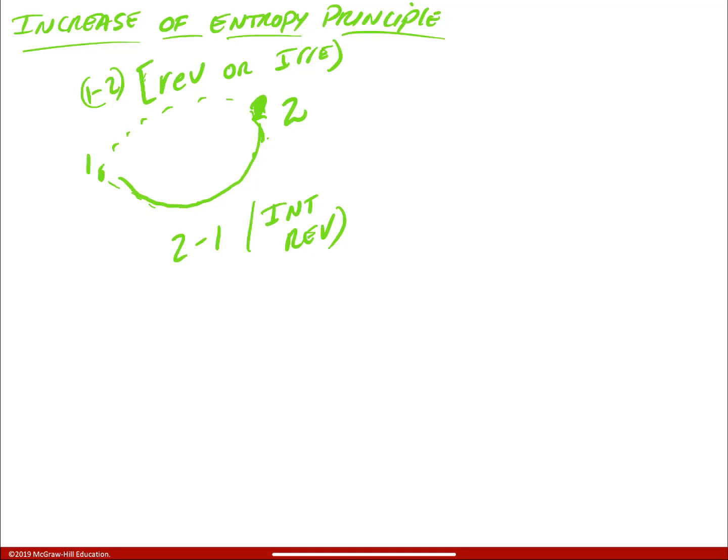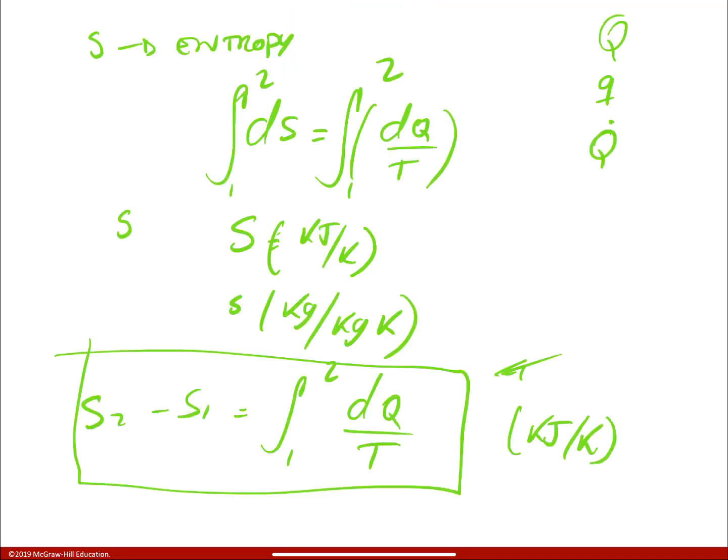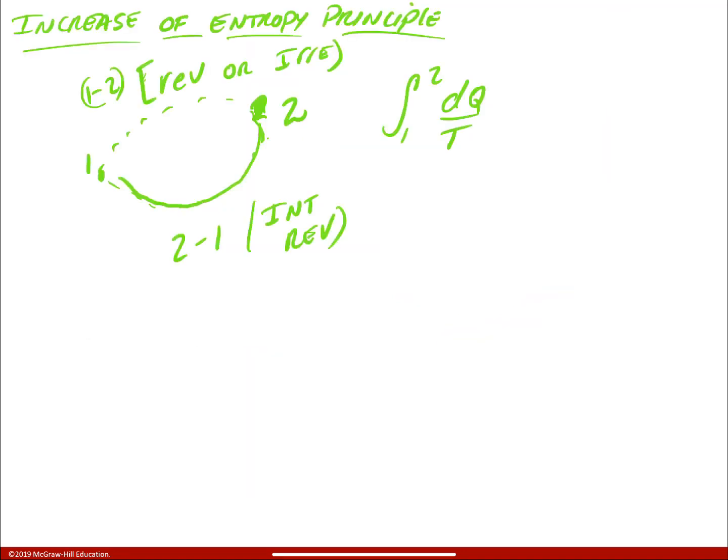If I try to write an equation for those two processes in order to find my entropy, from 1 to 2 it could be dQ over T. You remember that? That was the equation we just developed, this one right here, but I'm just using integrals in this case. This is from 1 to 2.